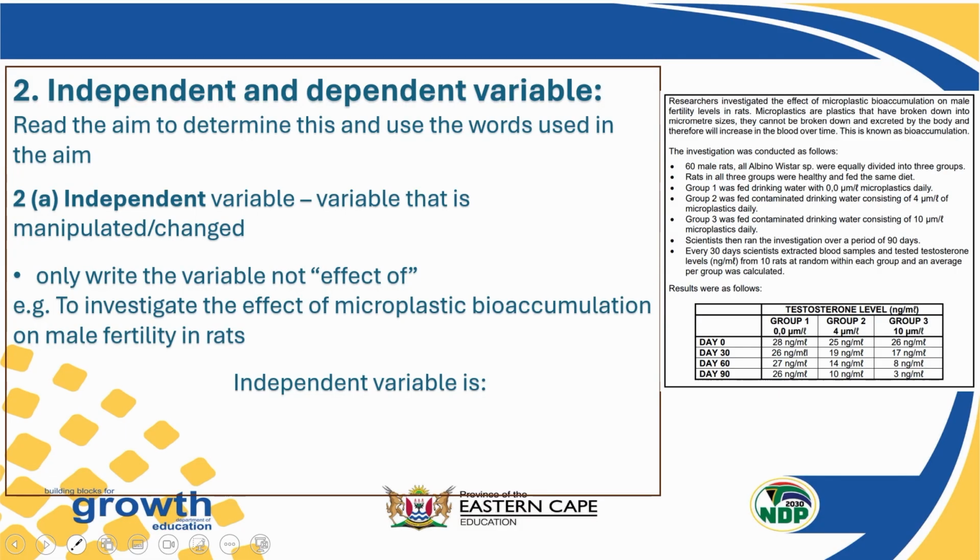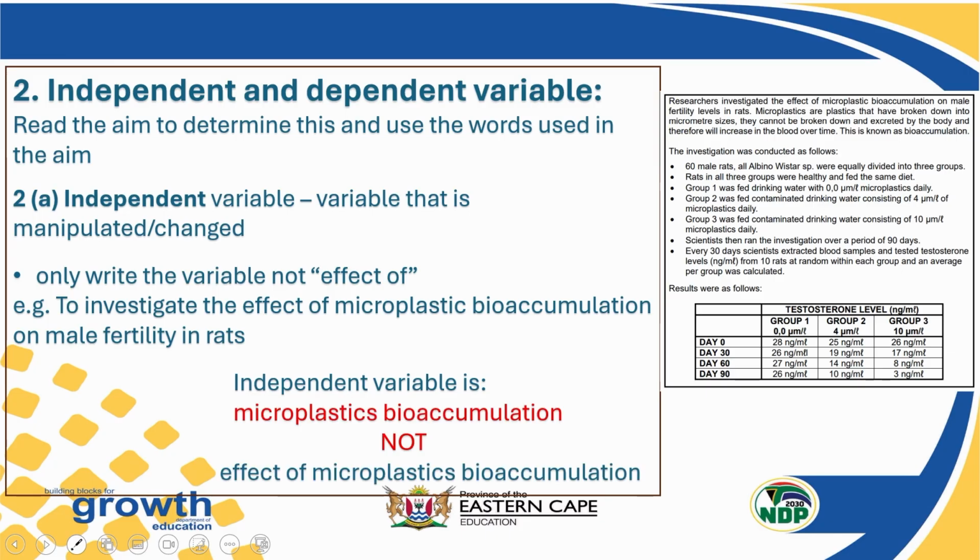The independent variable is the variable that we can change or manipulate. It is the one that is investigated by the scientist. In this investigation, in the trial paper 1, we see that the independent variable is microplastic bioaccumulation.